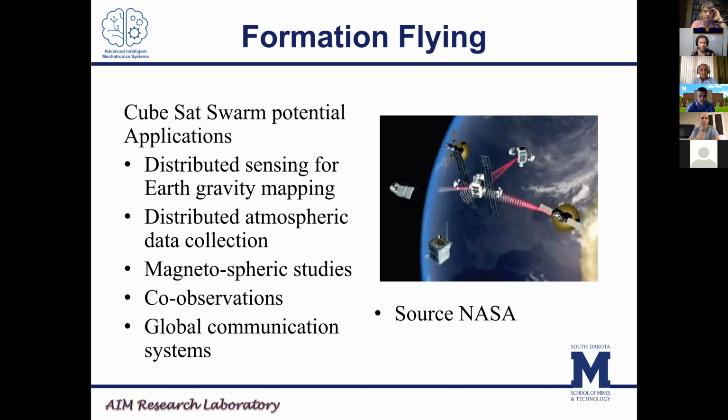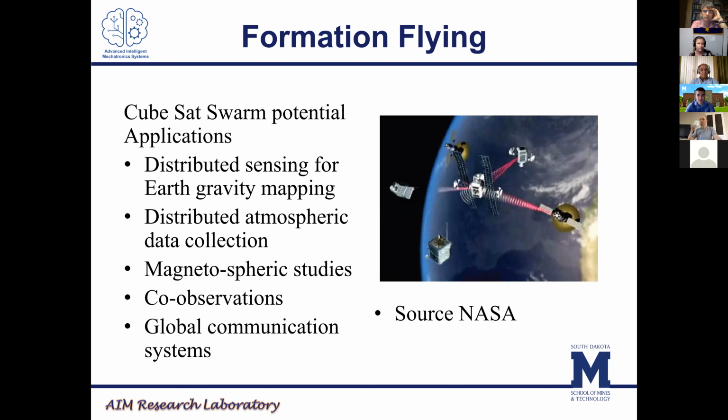So formation flying and CubeSats are a benefit over a single satellite, because if you just have one large communication satellite, let's say, you're going to have solar panels, a battery, a communication antenna to talk with Earth. You're going to have a couple different sensors looking at the atmosphere, maybe a couple different cameras. And if any one of those sensors fails or has some problem, then you're either stuck with just not having that sensor, or then you've got to basically launch a whole new satellite to replace it, which isn't a great solution.